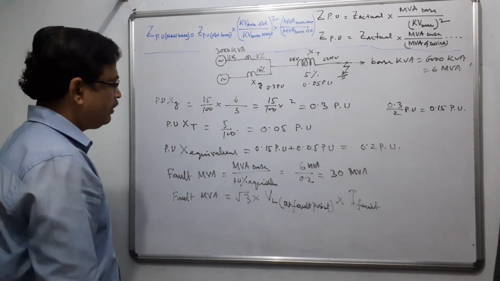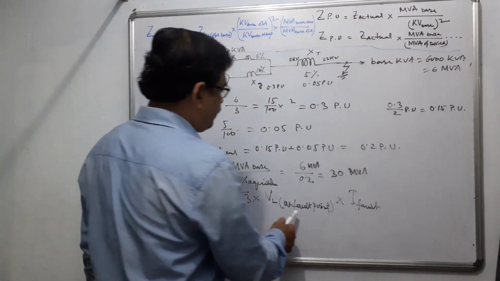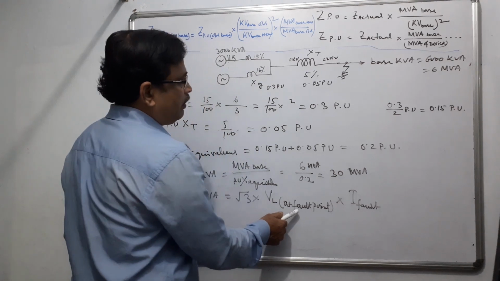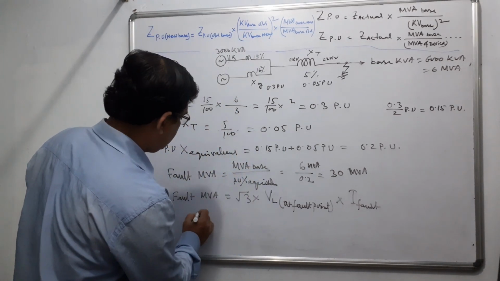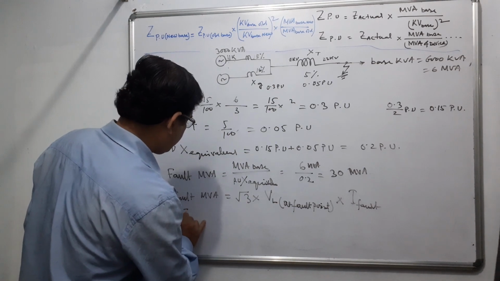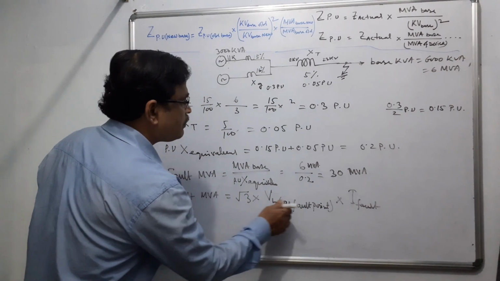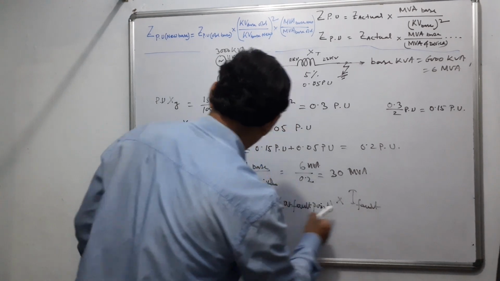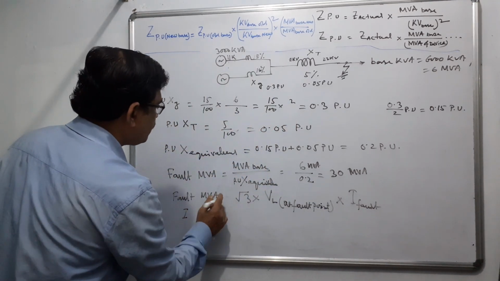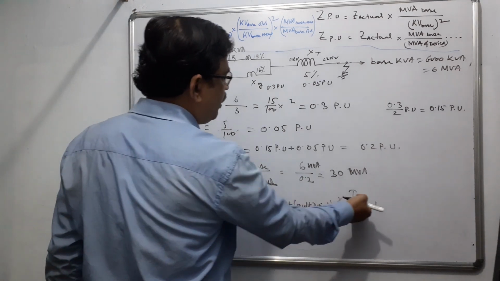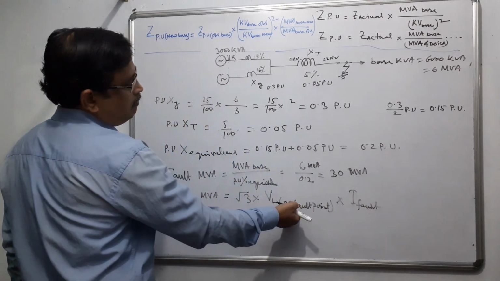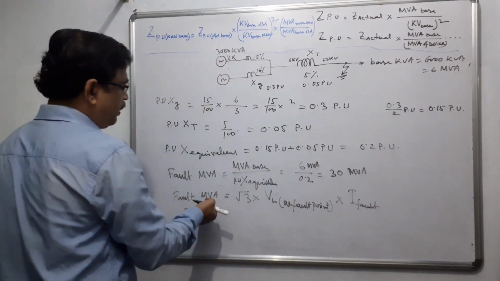I line fault. Now, if it is in here, what is the fault MVA? If it is in kiloamps and in kilovolts, then it will be fault MVA.